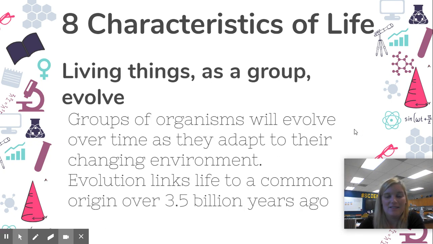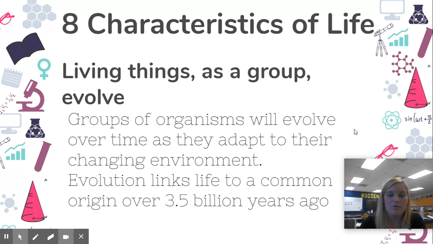And then living things as a general group evolve. So humans are not the same that we were thousands of years ago. Trees are not the same they were thousands of years ago. Dinosaurs are not the same they were thousands of years ago. Chickens are relatives of the dinosaur. They are not the ferocious creatures we think dinosaurs to be.